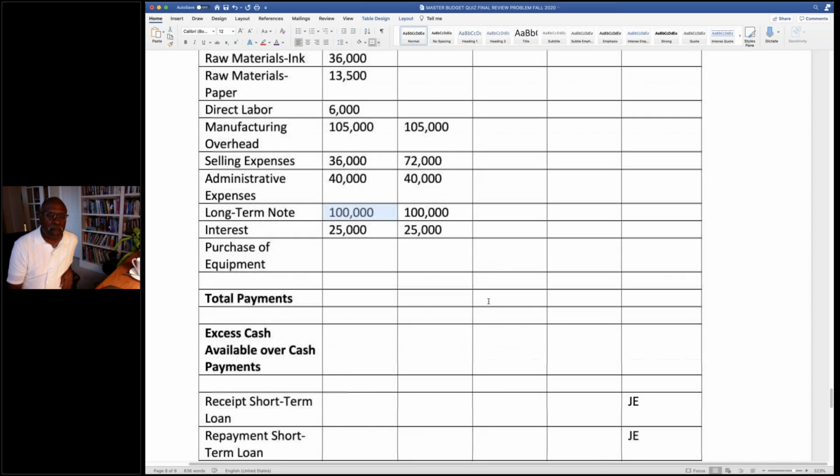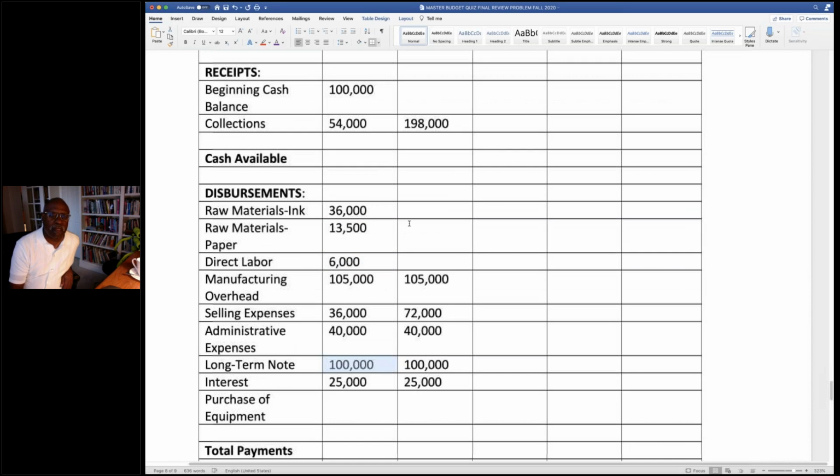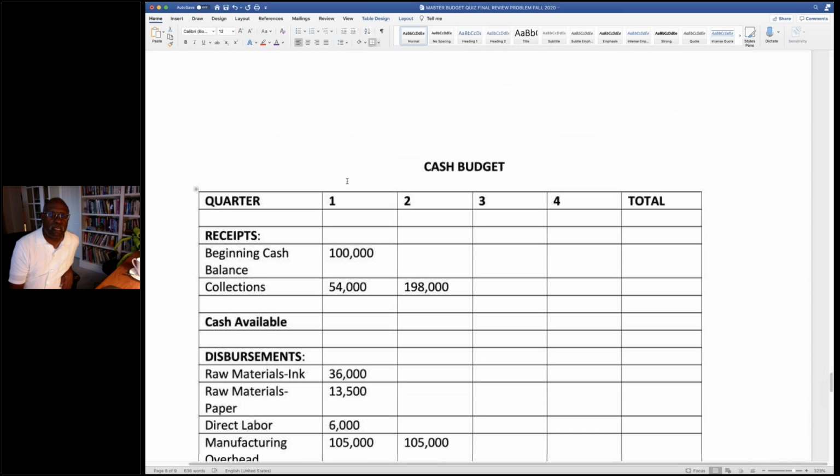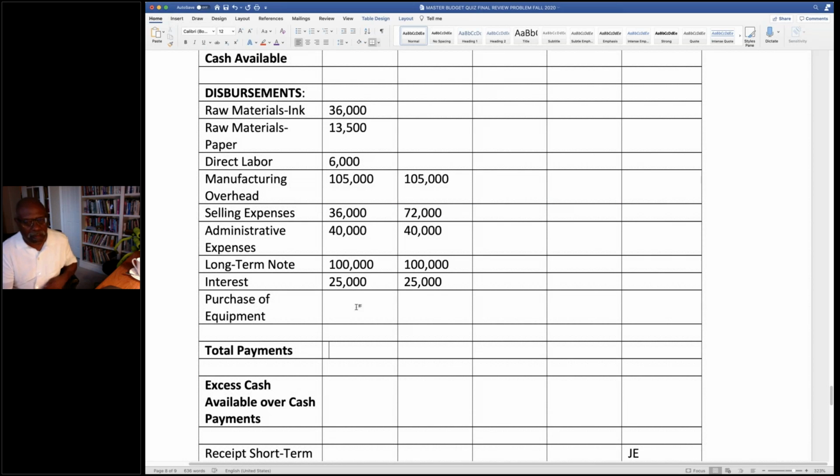And guess what? There was no down payment on the equipment. So we finished with this first column. We got some things to do in the second one, but we finished. So now we need to add up our total payments. How's that Excel spreadsheet doing? Add up your total payments.